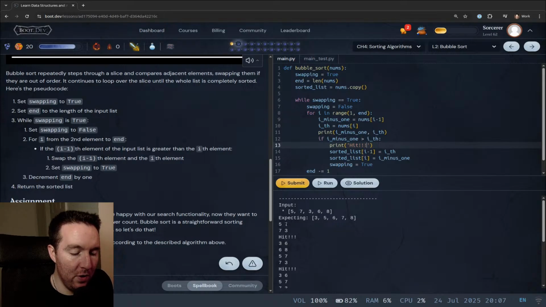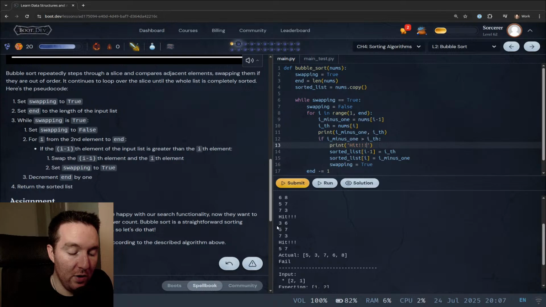So 5, 7, 7, 3 hit. And it moves them, then it does 3, 6, 6, 8, 5, 7, 7, 3 hit. Then it does 3, 6, 3, 6, 5, 7, 7, 3 hit, 5, 7.